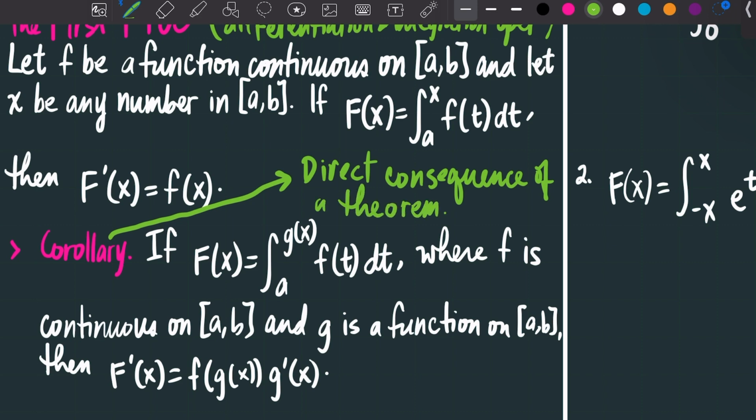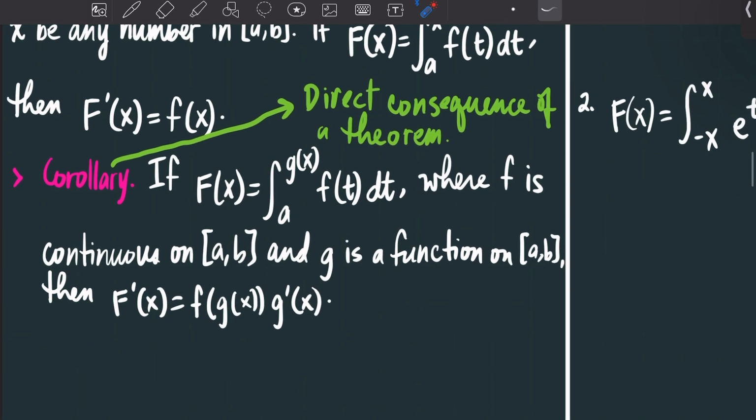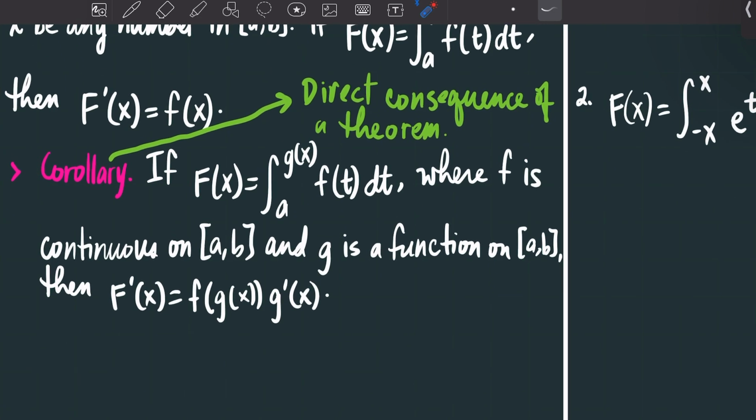So, as a consequence of the first fundamental theorem of calculus, if capital F of x equals the integral of f of t from a to g of x, where f is continuous on this closed interval and g is any function defined on this interval, then F prime of x equals f of g of x times g prime of x.